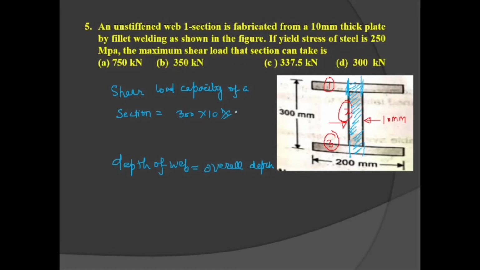So 0.4 into 100. After calculation and converting all the values, I found the value equals 300 kilonewton. So our answer, option D, is correct.